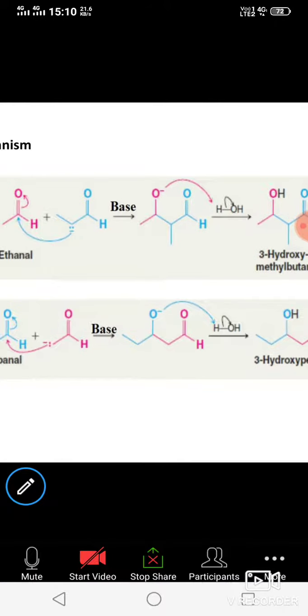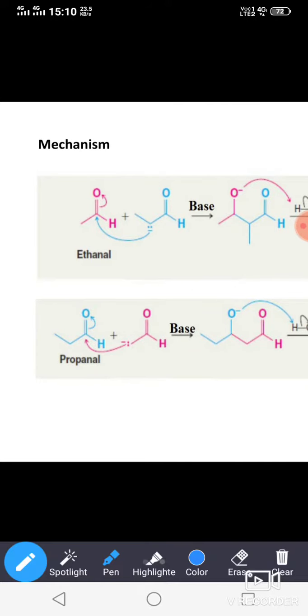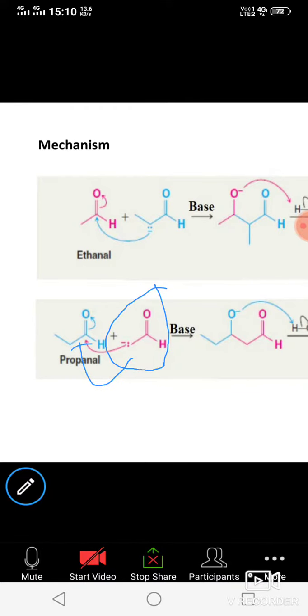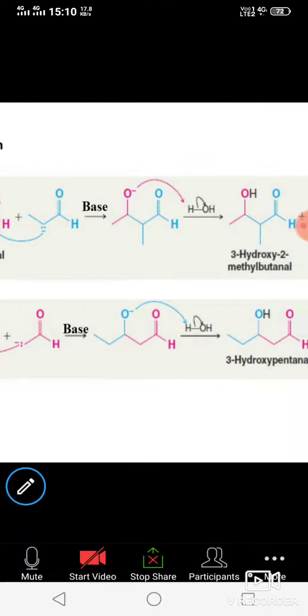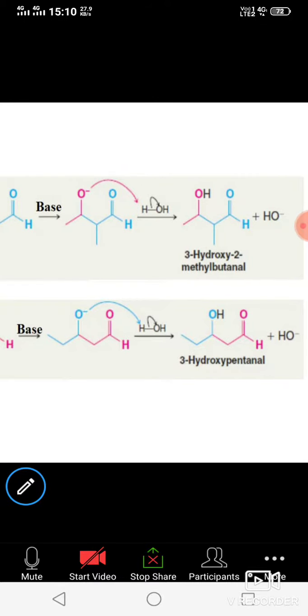Now in another case, your ethanal, as it also has alpha hydrogen, will react with the base and form the enolate ion. Here your ethanal has donated the proton to the base and formed the carbanion. Now this carbanion is attacking the carbonyl carbon of the propanal and you get this oxygen anion, and this oxygen anion will take the proton from the water and you will get this 3-hydroxypentanal.